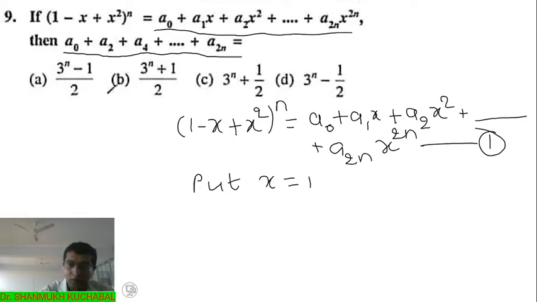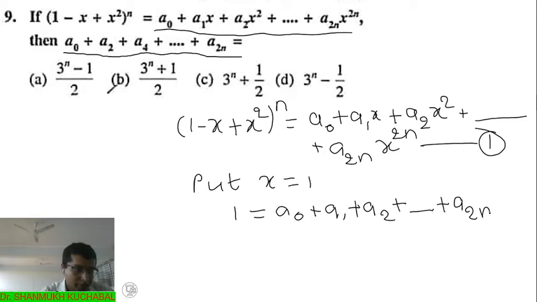We'll get 1 here, because 1 minus 1 cancels. 1 squared is 1, equal to a0 plus a1 plus a2 plus so on, up to a2n. Further we'll put the value of x equal to minus 1.